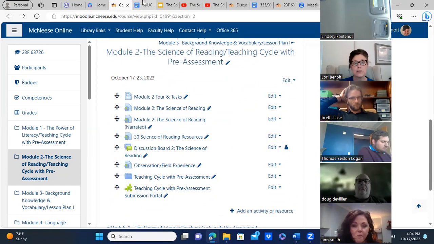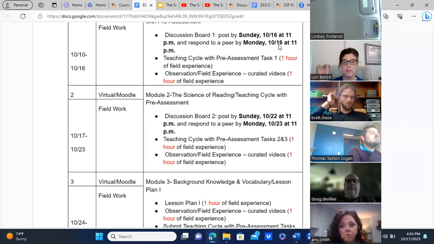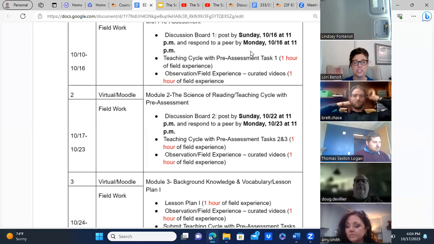Today, I just want to take a minute to refer to our class calendar. We are in module 2, and the focus today is the science of reading, and we're going to focus on the second part, or tasks 2 and 3, of the teaching cycle with pre-assessment. This week, your tasks are discussion board 2, which is geared specifically to the science of reading.